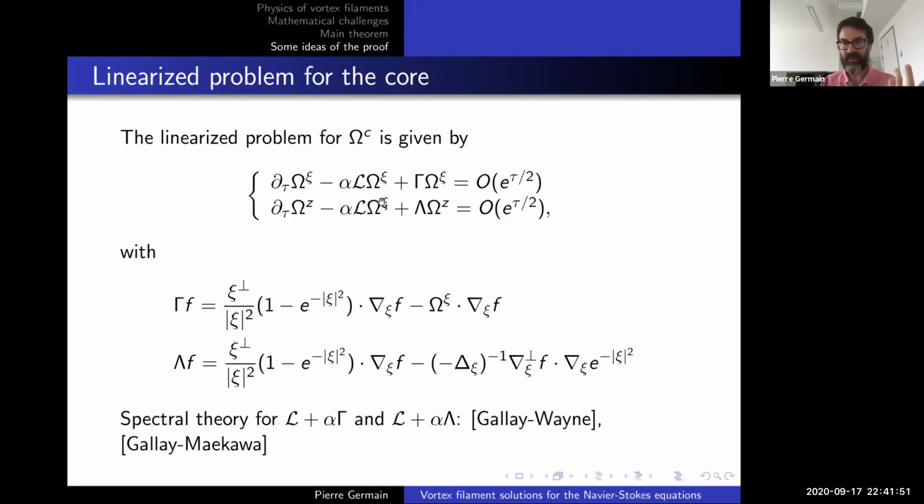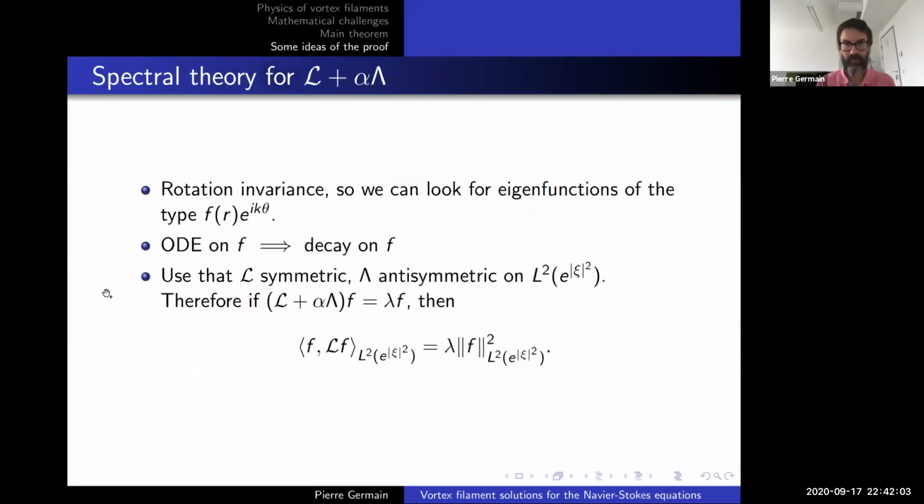So you have this decoupling, and each of the two equations that we have already was analyzed in the papers I mentioned. So for instance, let me just say how the spectral theory for L plus alpha lambda can be studied. This is in the paper by Gallay-Wayne, and it's a very nice argument. First, you use rotation invariance.